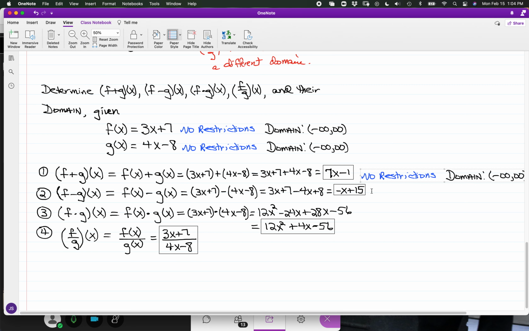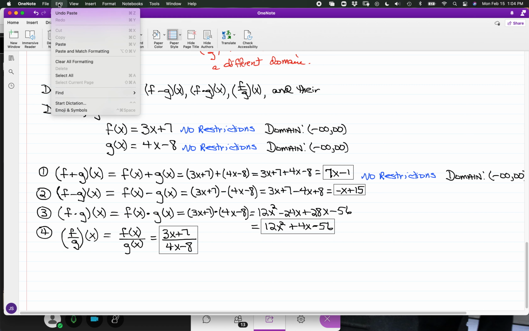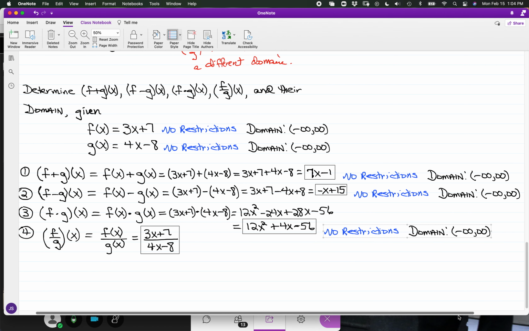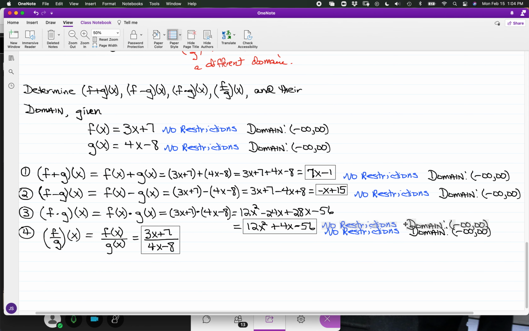So again, we have the set of all real numbers throughout, because we're able to work with f of x and g of x for all real numbers.